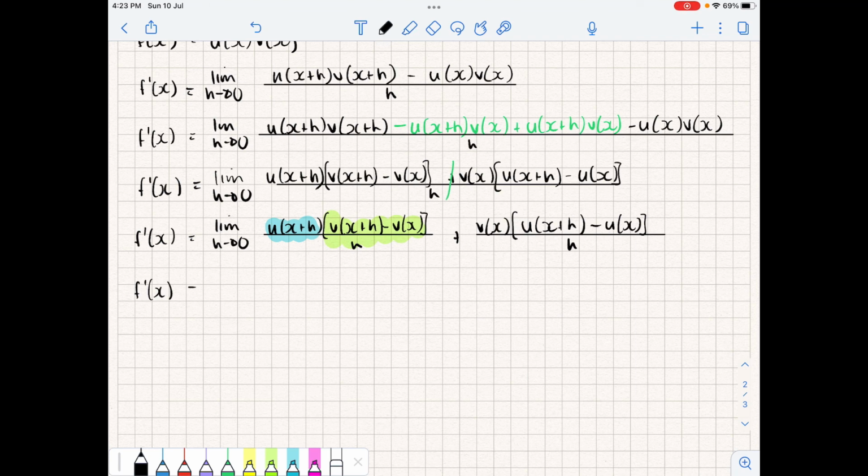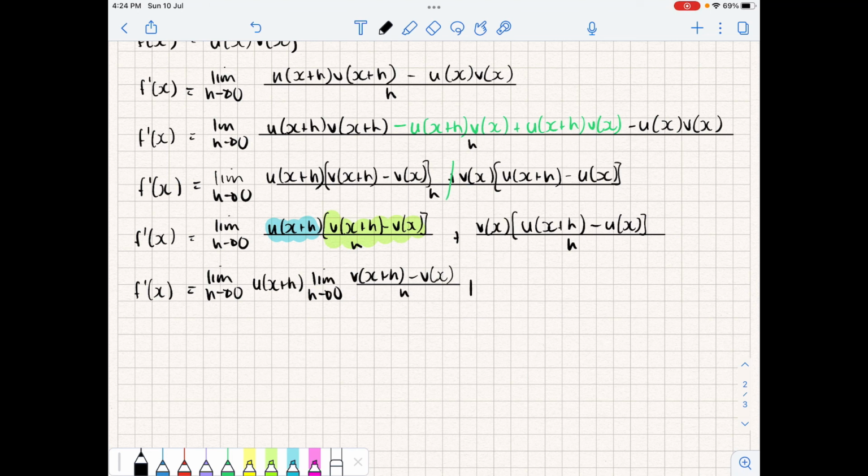Okay, so I'm going to have here the limit as h approaches 0 of u of x plus h times the limit as h approaches 0 of this v of x plus h minus v of x all over h. I'm going to do the same thing with the other term.